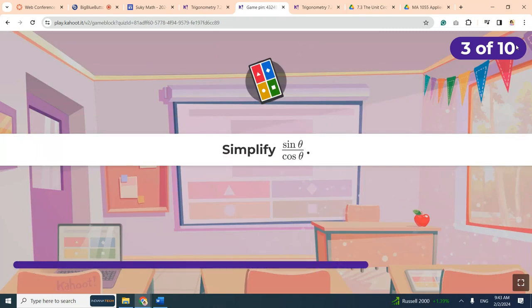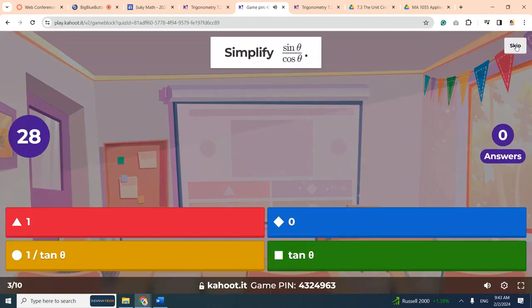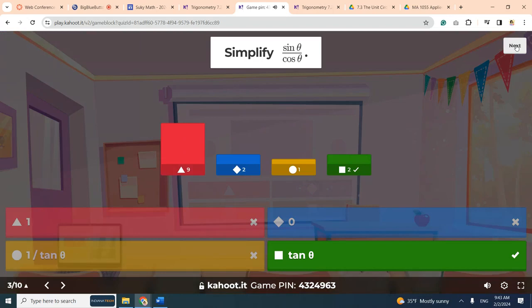Simplify. Sine theta over cosine theta is... Okay.